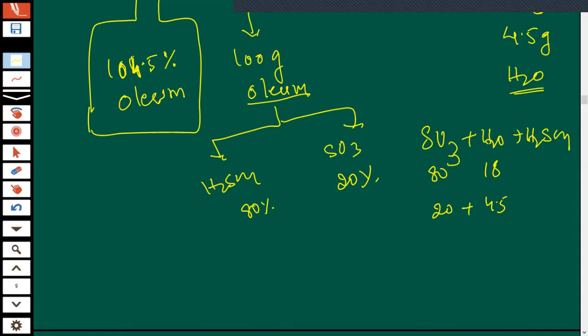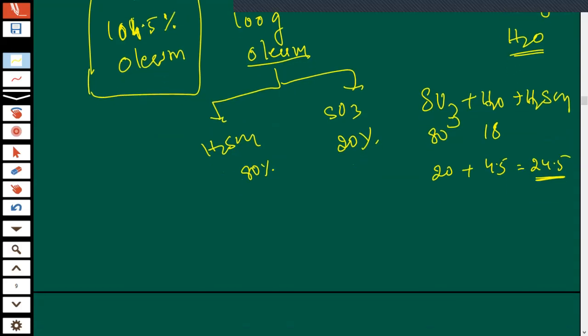And when water is added, it will give 24.5 sulfuric acid, right? So already 80 gram of sulfuric acid is there and newly formed 24.5 is there. So how much is it? 104.5.